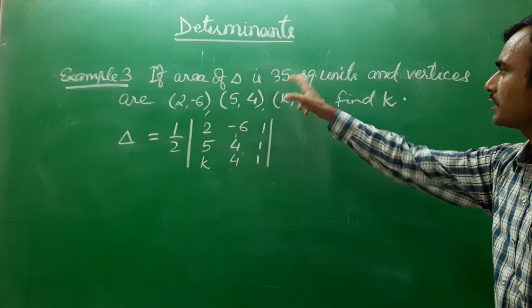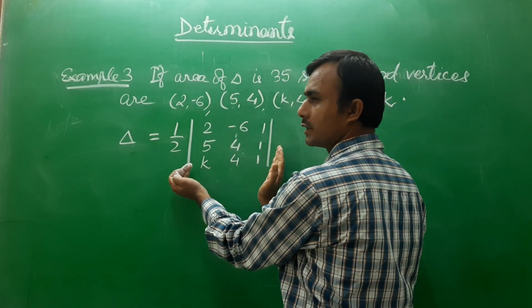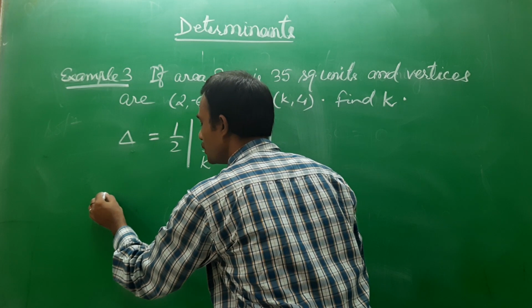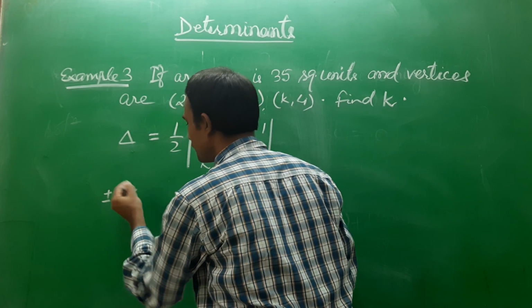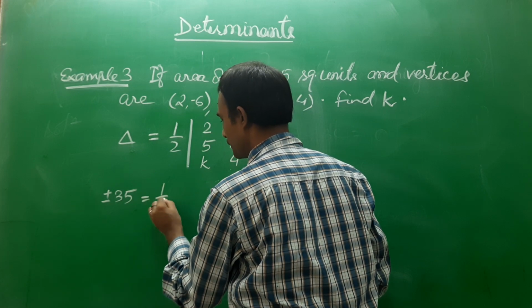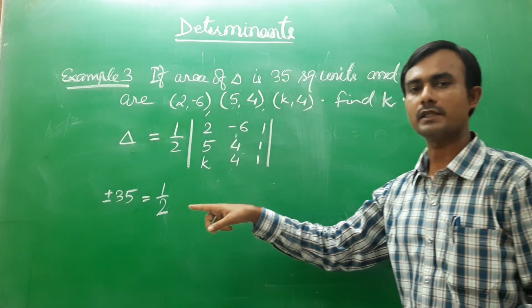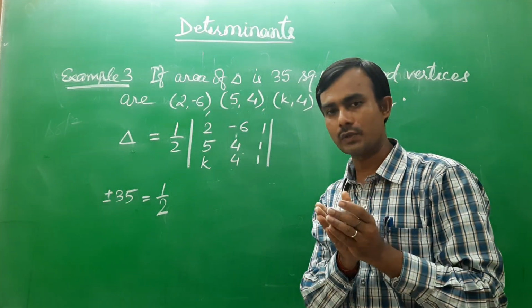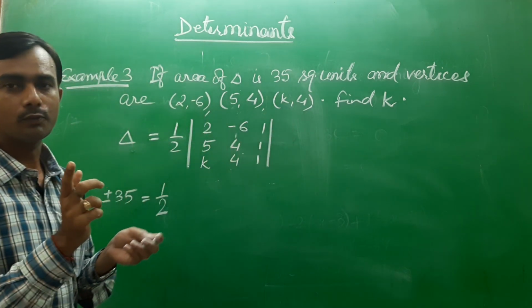The area of triangle given here is 35. As we are using the determinant, here we have to use plus minus 35. For calculation we have to use plus minus 35 because, as I told, about the area, area will always be positive.